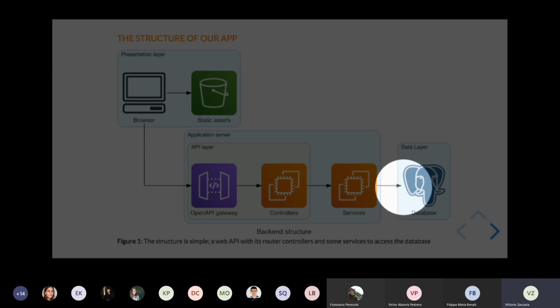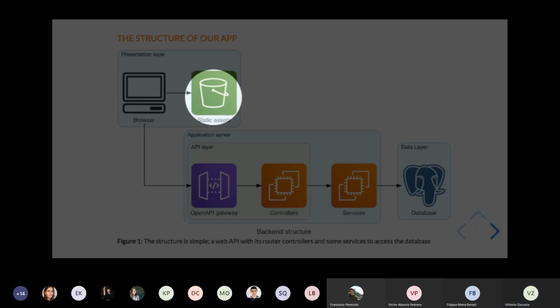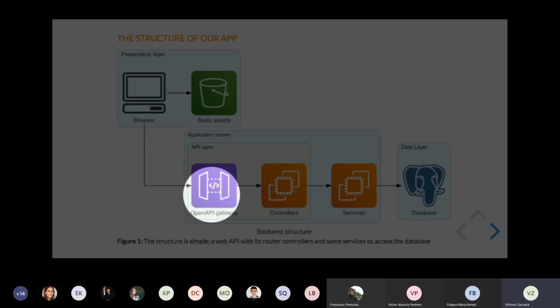And we have also seen how to extend the skeleton generated by the Swagger editor by serving static assets. We wrote a very small HTML file that for the moment allows us to query the API and to render data in the browser.